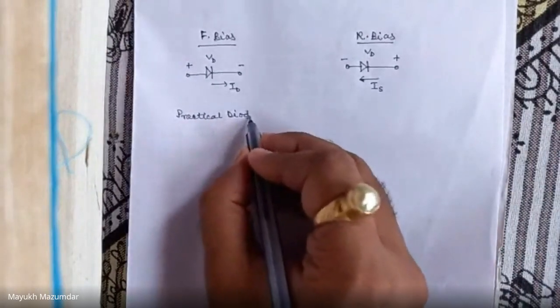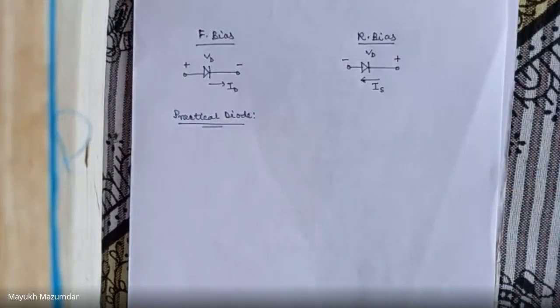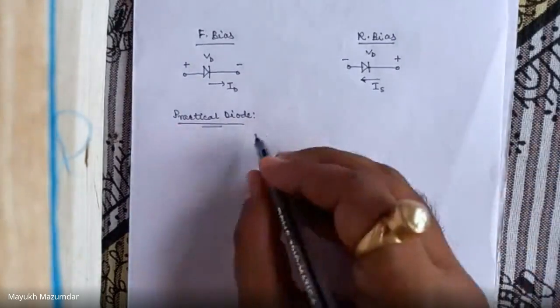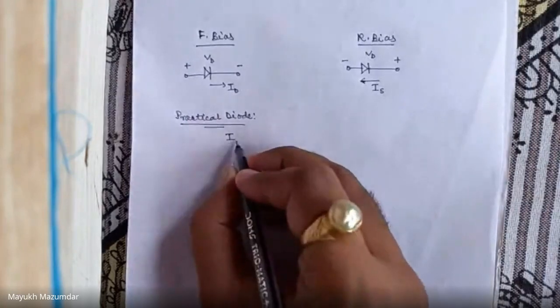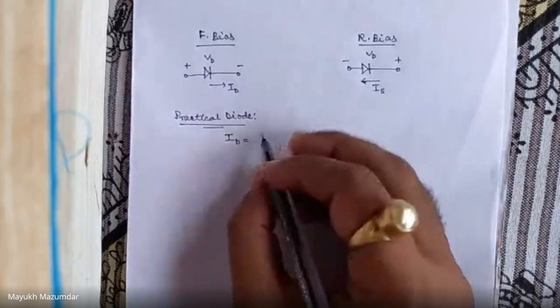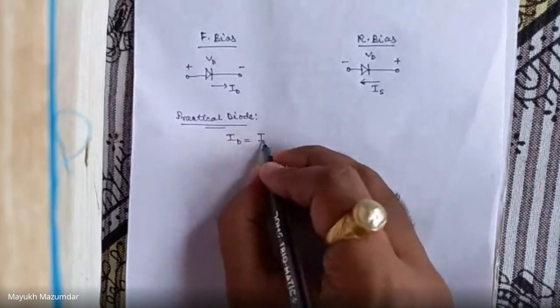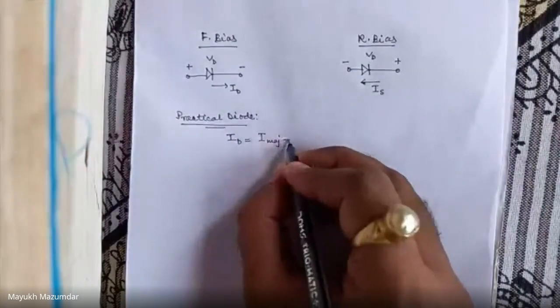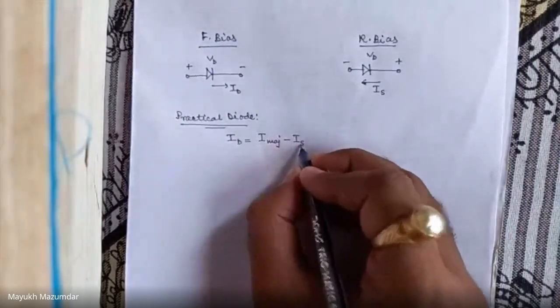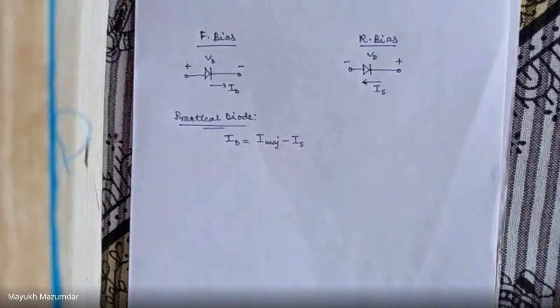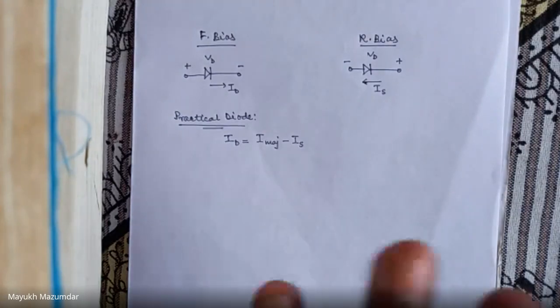So for a practical diode, we would write this equation: ID is I majority minus I S. Why? Because practically we know there is maybe a very negligible amount of current flowing due to minority carriers, but it is not zero, isn't it?